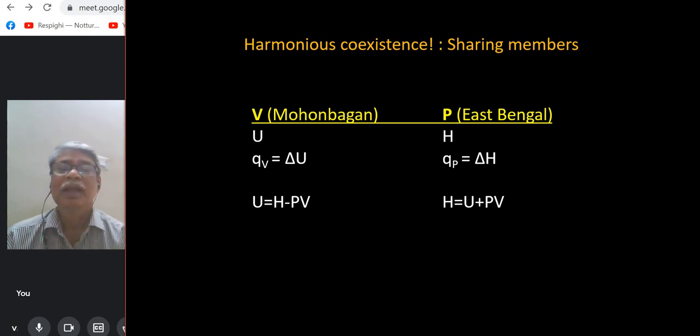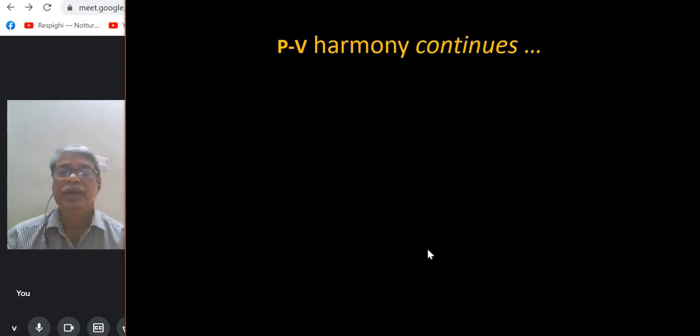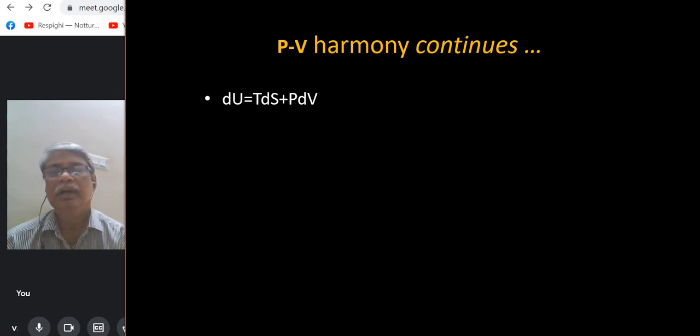Okay, so let us see how far this harmony goes. It continues. How? If you combine the first and second law, dU is TdS minus PdV. So what we expect from our pattern is that U should be replaced by H, P by V, V by P, and a minus should be replaced by plus.